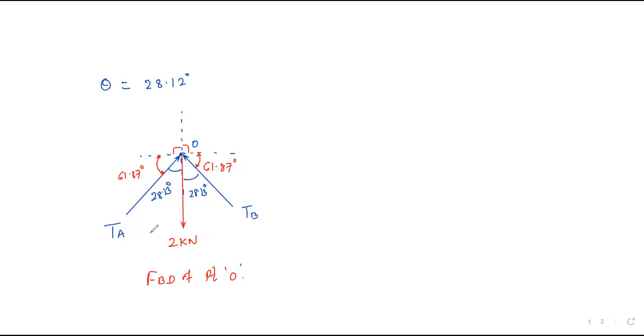Those who are saying no, what is the reason? Because if you observe carefully, the two forces TA and TB are in inward direction, and the force of 2 kilonewton is in outward direction. So right now we cannot use the Lami's theorem.